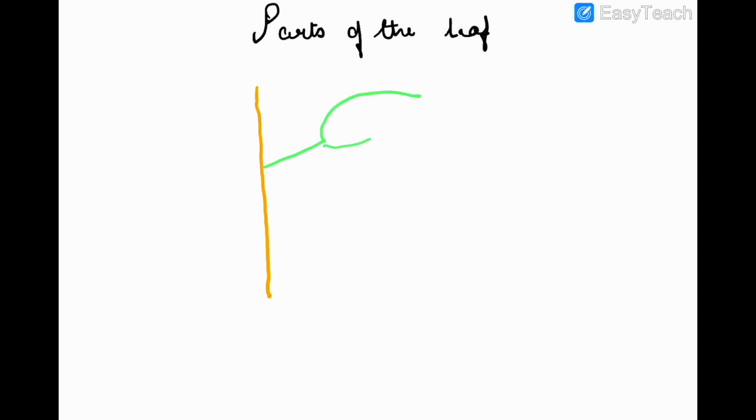Now let us look at parts of the leaf. So if this is the stem surface and this is the leaf which is borne on the stem surface, then the point with which the leaf is attached to the stem is known as leaf base.